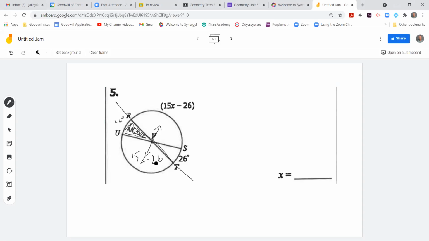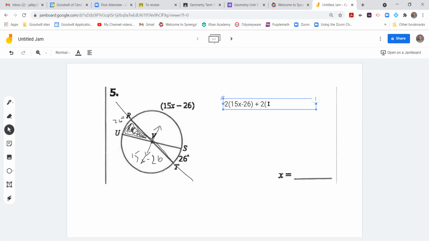So now I'm working with a total of 360 degrees, right? So how would I set that up as an equation? You do 2 times 15x minus 26 plus, what is that, 52.